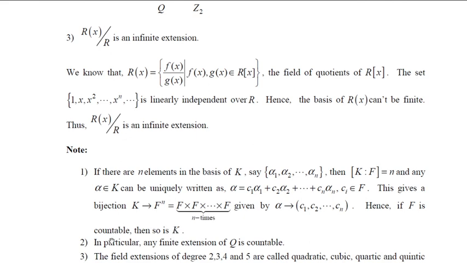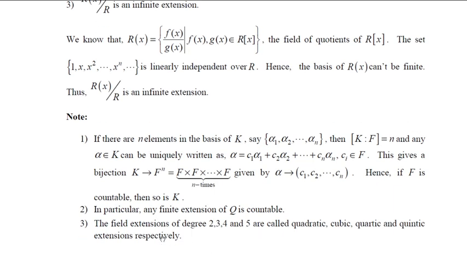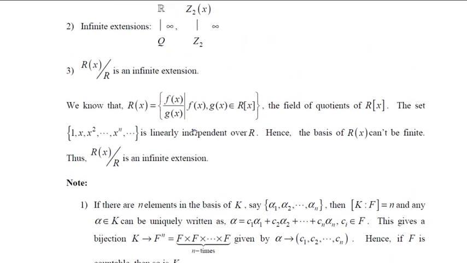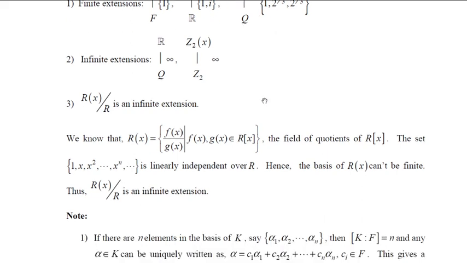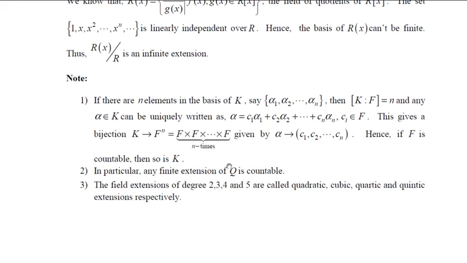And the field extensions of degree 2, 3, 4, 5 are called quadratic, cubic, quartic and quintic extensions. So this is a quadratic extension. This is a cubic extension. These are examples of quadratic and cubic extensions. Thank you.